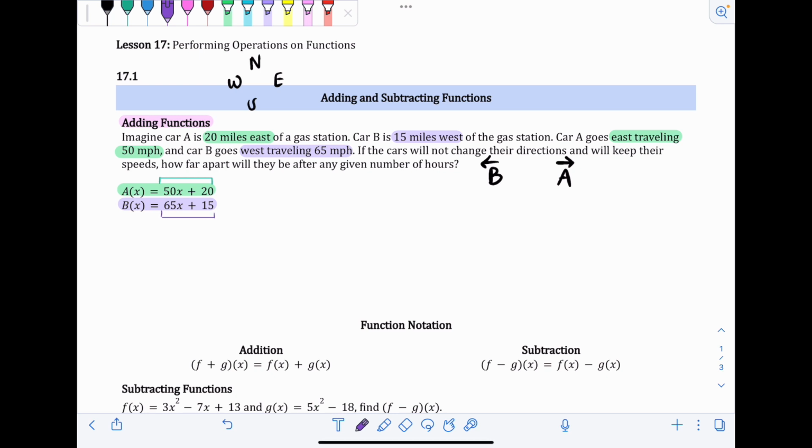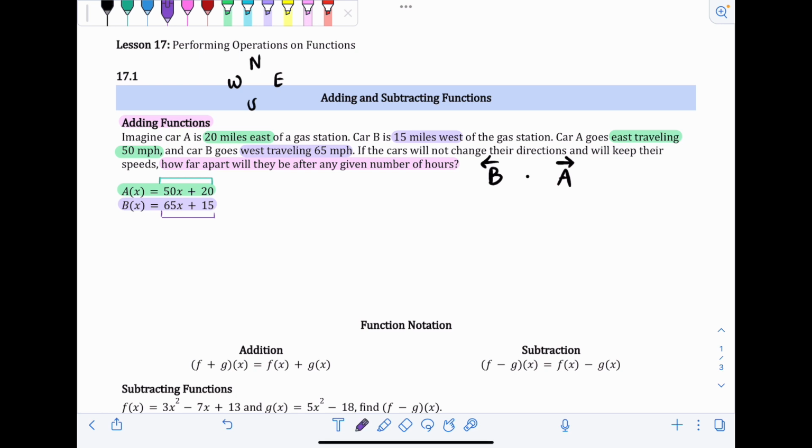So now each of these cars are traveling further and further away from each other, and we want to find not their distance from the gas station, we want to find how far apart they'll be from each other. So that last little line in the problem says how far apart will they be after any given number of hours, so how far away are car A and car B. So we need to find the distance they are in total, which means combining the two distances from the gas station, because the gas station is somewhere in the middle.